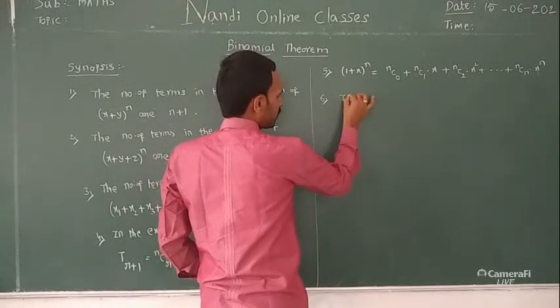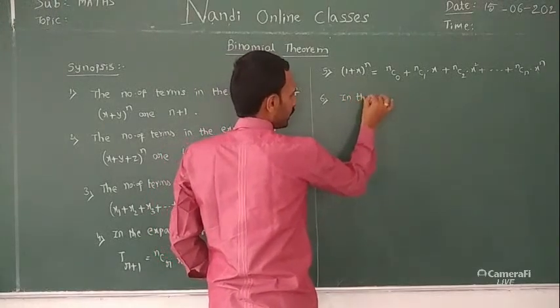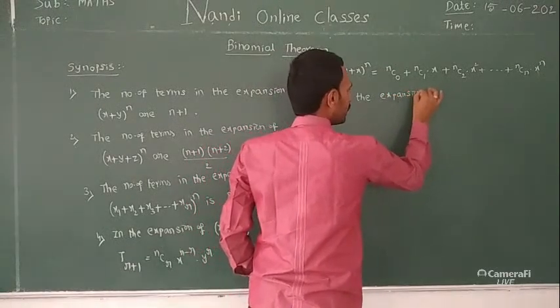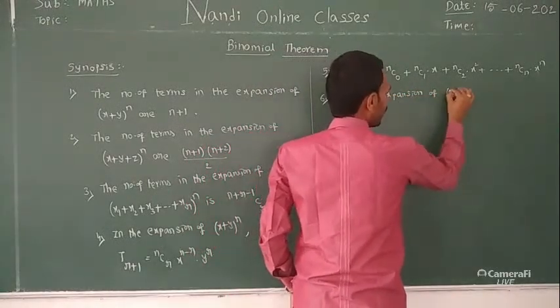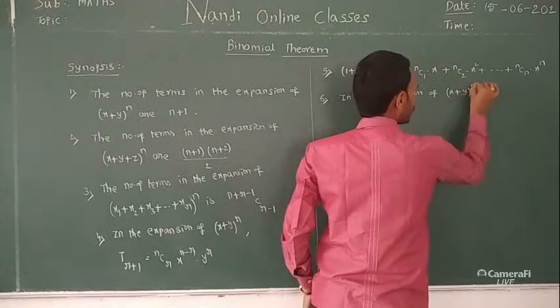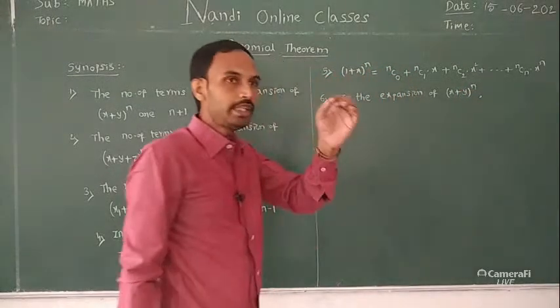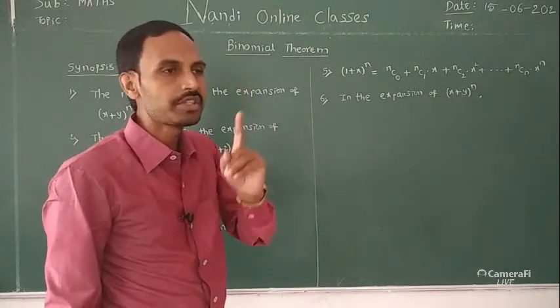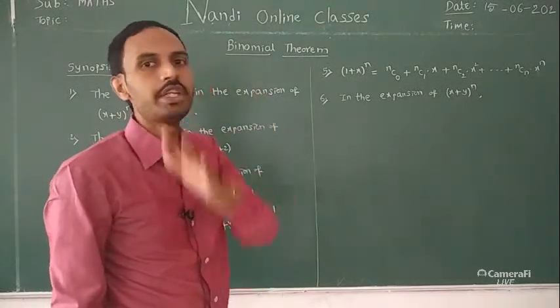In the expansion of (x + y) whole power n, suppose n is even, then that expansion has only one middle term.